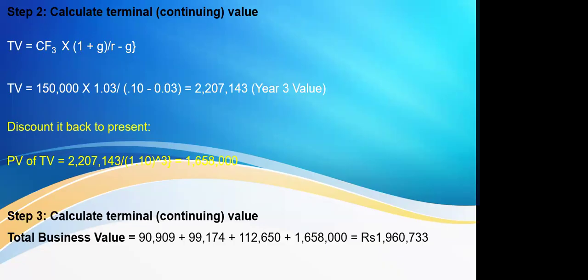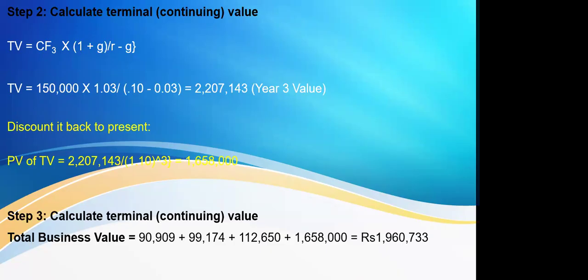So you put our discount rate here as R, which is 10%. 10% means you just divide 10 by 100, so you get 0.1.